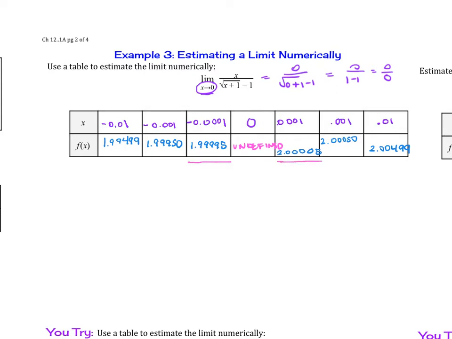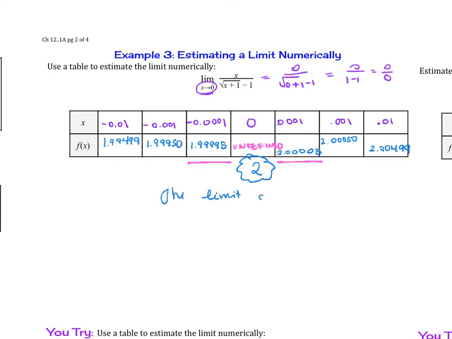Knowing that we have 1.99995 here and 2.00005, notice what it looks like it's going to be. It looks like it's going to be 2, so we can say that the limit approaches 2.